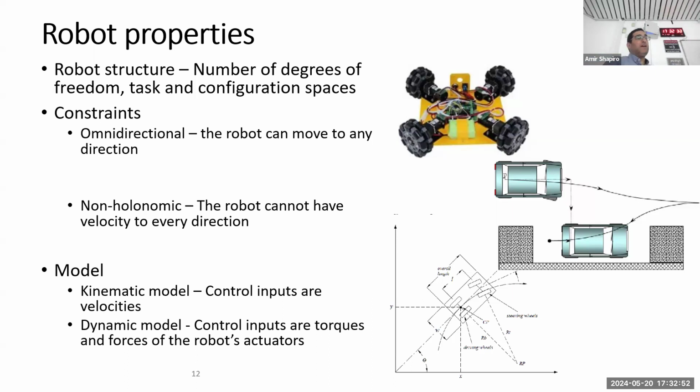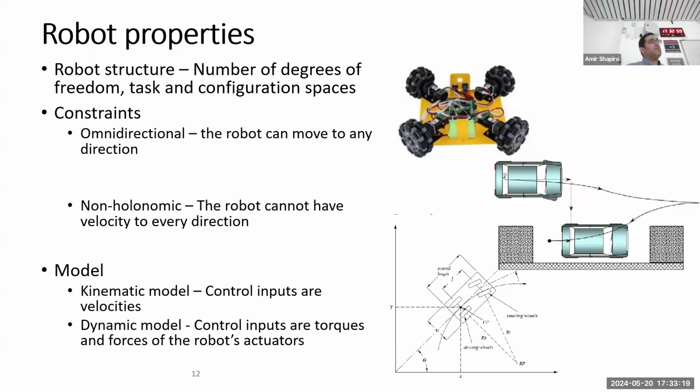And we may have a robot with a non-holonomic constraint. A non-holonomic constraint is a constraint that the robot cannot have a velocity in certain directions. So we can imagine the car. The car can move in the direction of the wheels, but cannot move sideways.